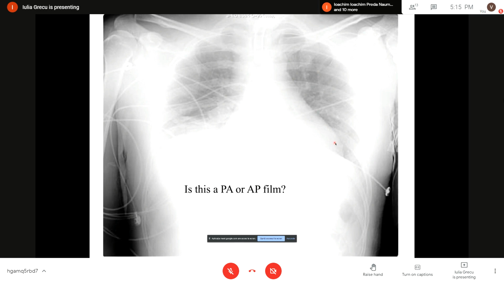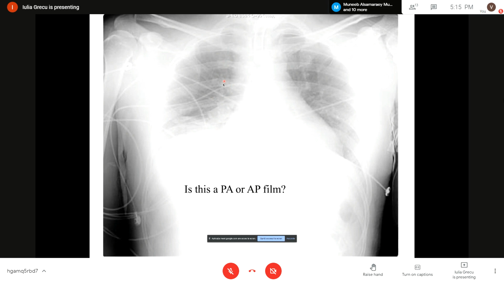The heart will appear enlarged because of the gravity effect.